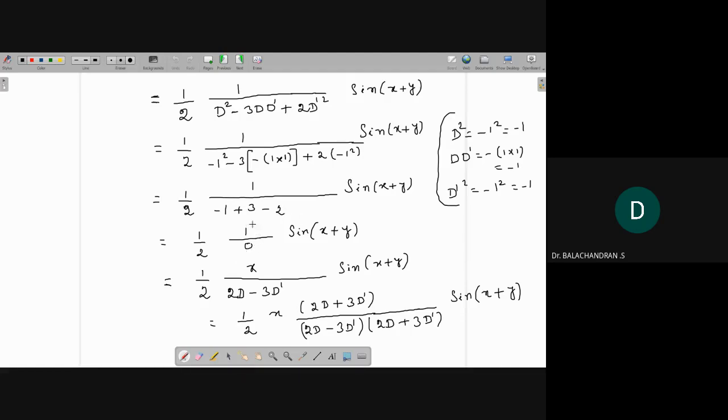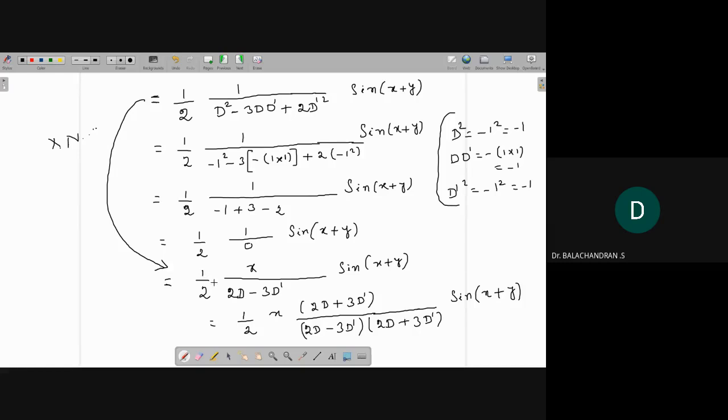So then you should multiply the numerator by x and differentiate the denominator with respect to d. So you can write like this: multiply the numerator by x and differentiate the denominator with respect to d. From here I will get x by 2d minus 3d dash, and the right hand side is sin of x plus y.